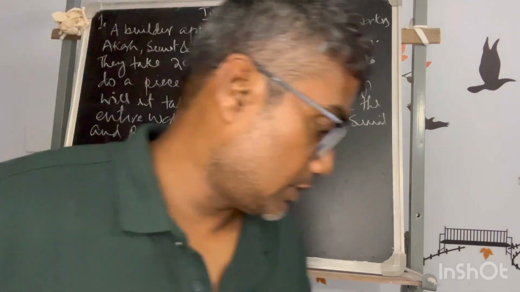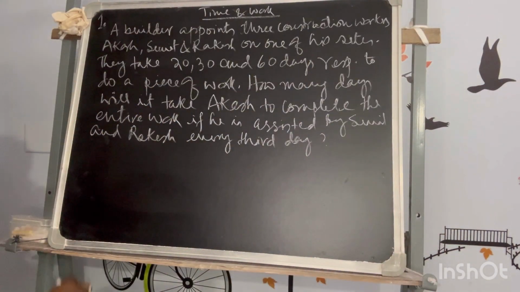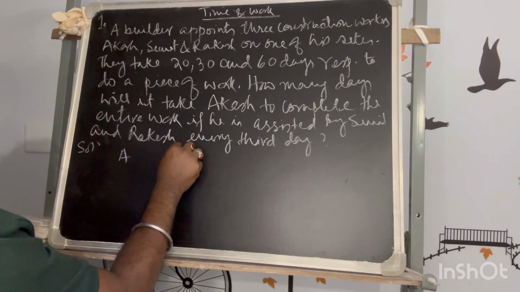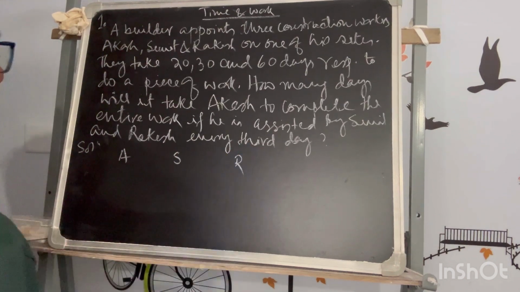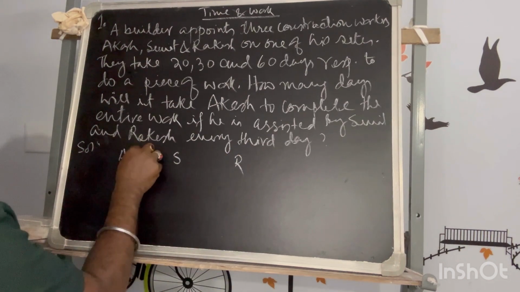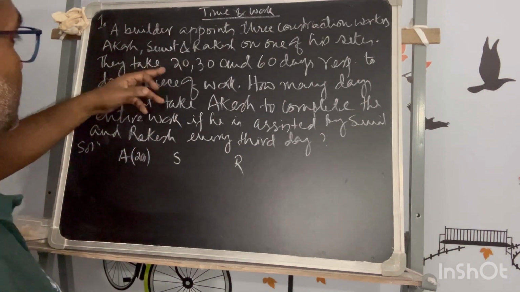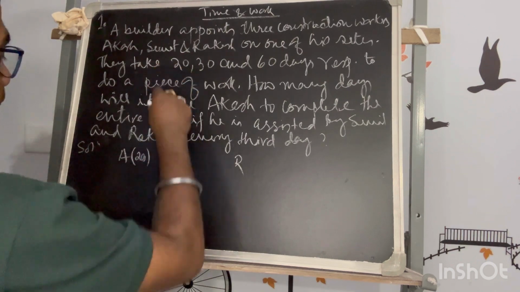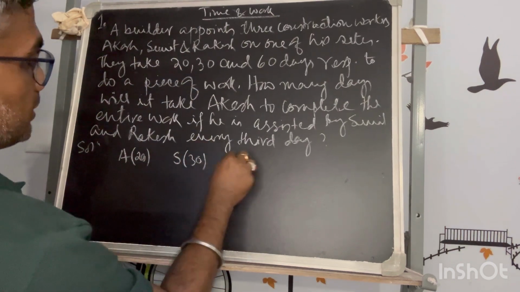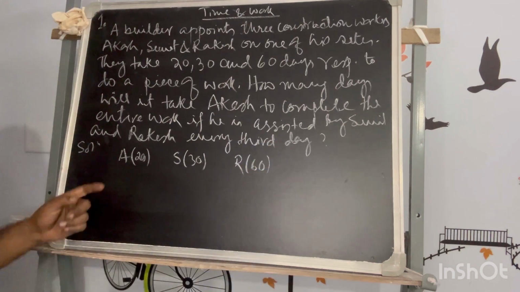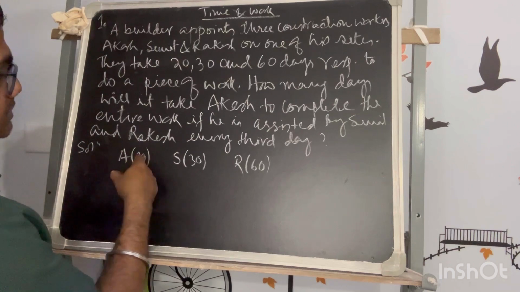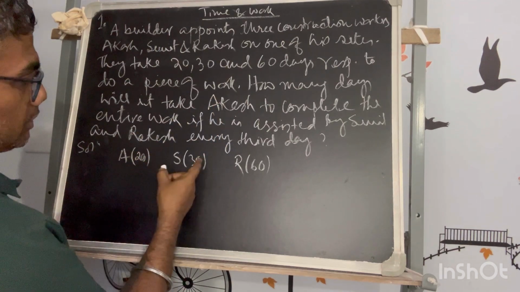Okay, so now the solution. There are three persons, Akash, Sunil and Rakesh. Individually, they complete a piece of work in 20, 30 and 60 days respectively. So what is the information from here and what computation can you do?